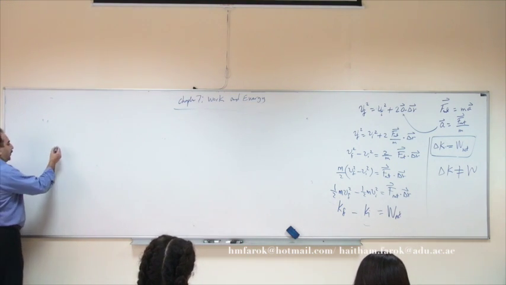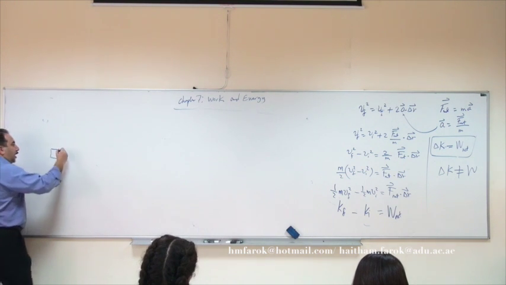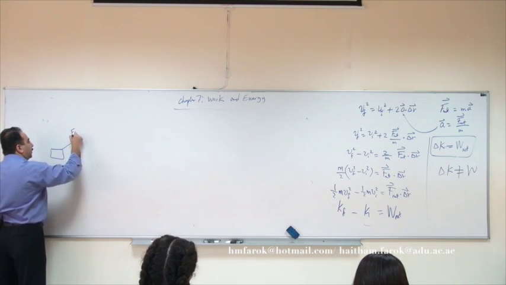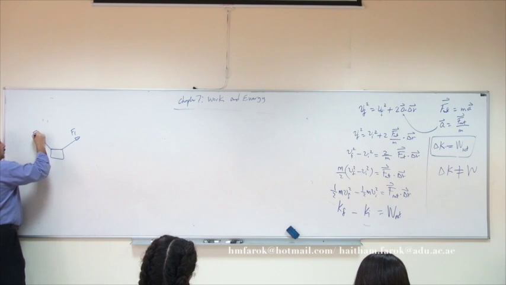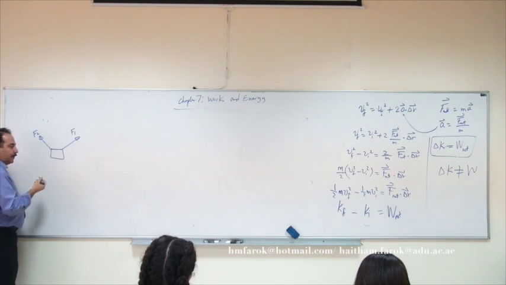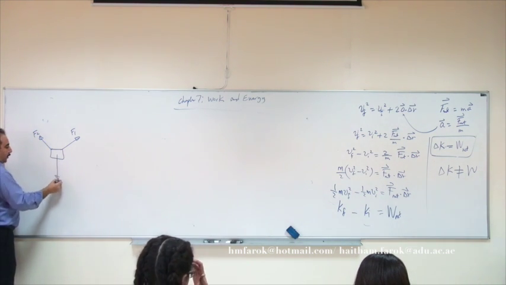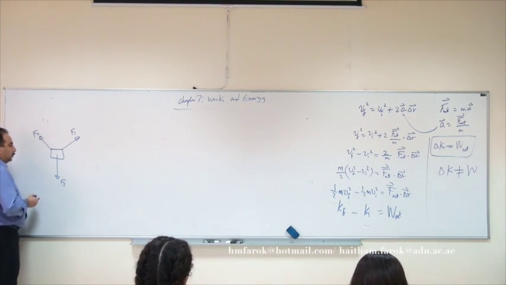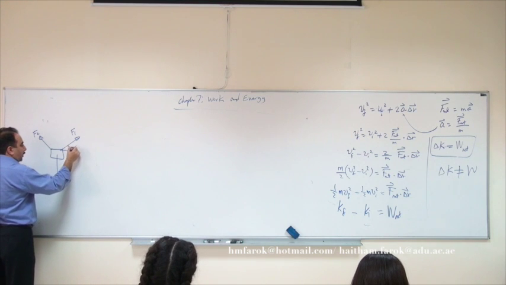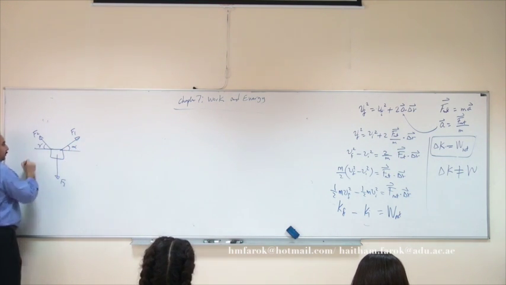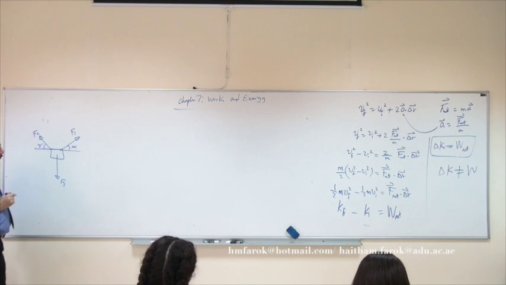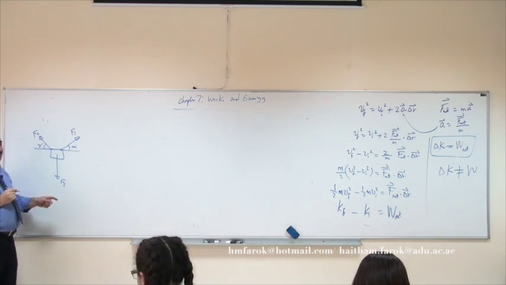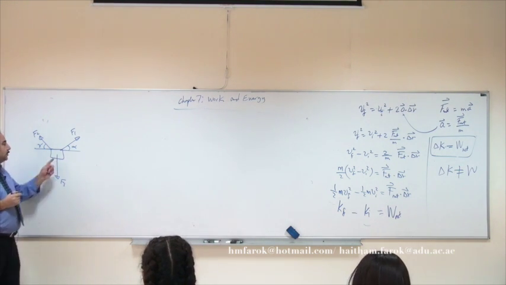Let's say I have an object and I apply forces on it. F1, F2, okay, F3. This is at an angle alpha, this is angle gamma. Now, when you apply these forces, what happens to the mass?